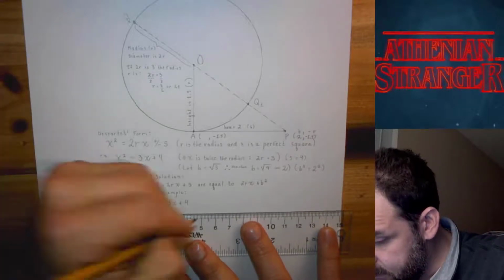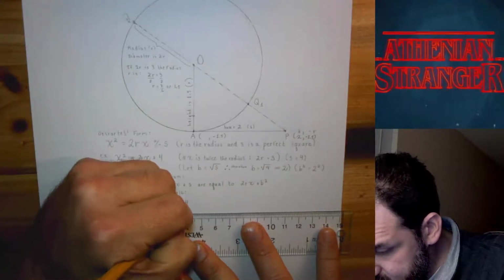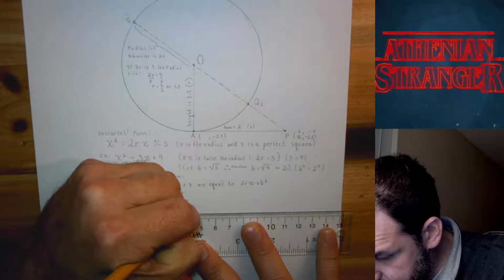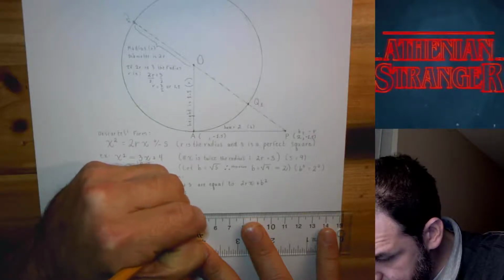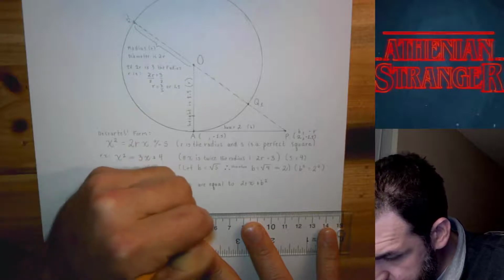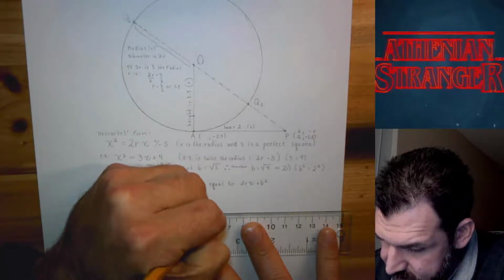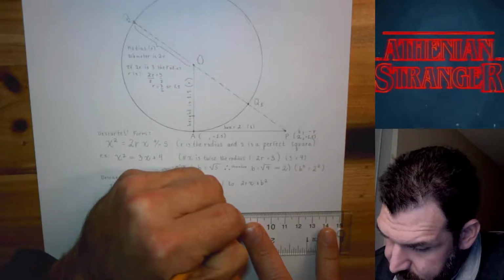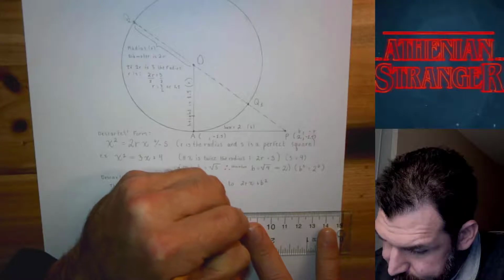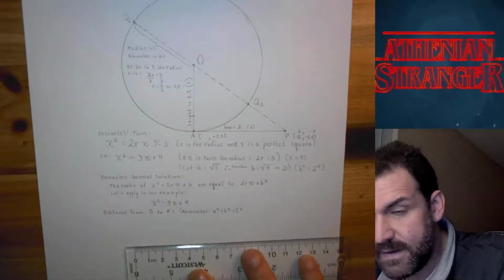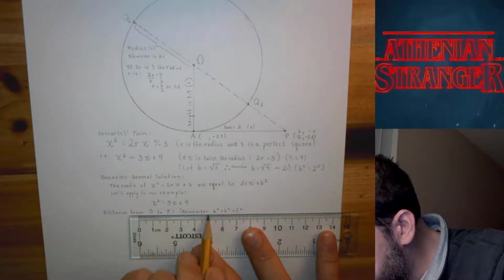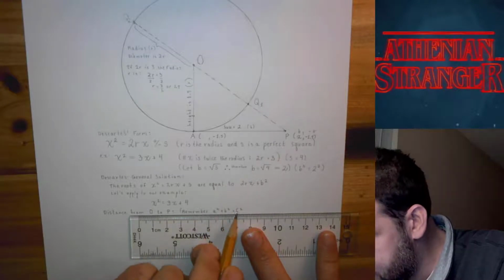A little reminder, remember a squared plus b squared equals c squared. That's the Pythagorean theorem. And you all know that if I take the square root of c squared and the square root of a squared plus b squared, I can find c.